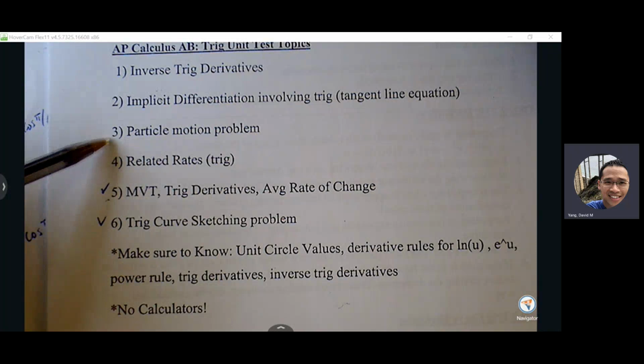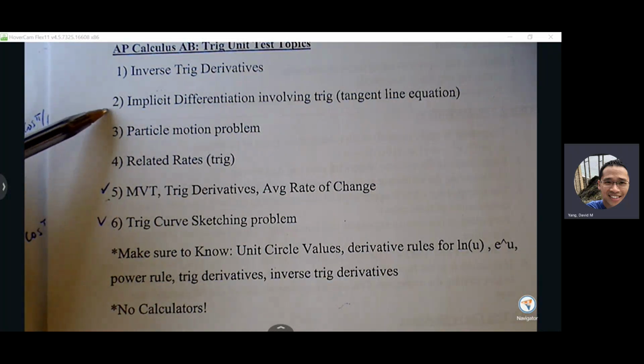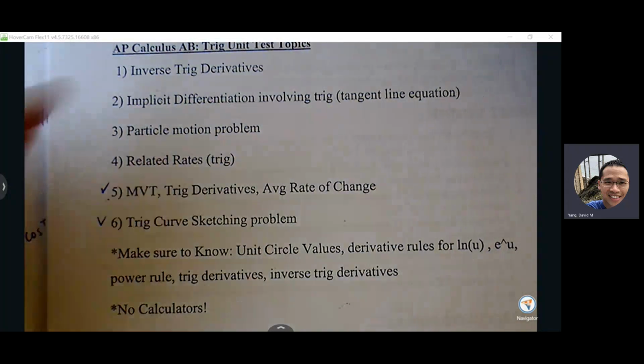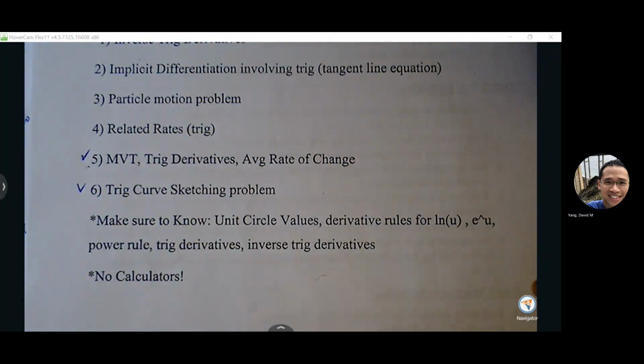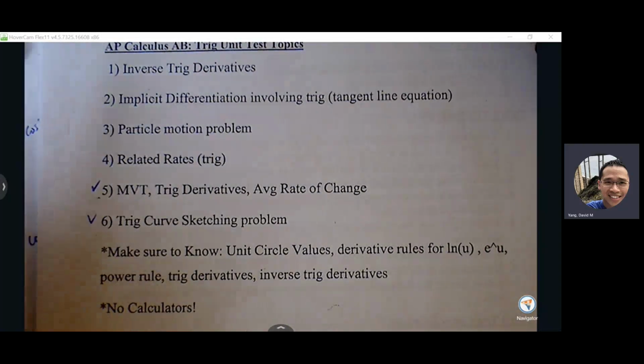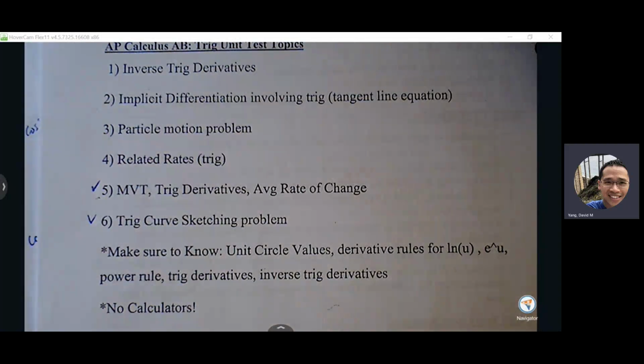We'll revisit the particle motion problem. We'll do an implicit differentiation problem that I have on the board. We'll review our derivative rules. And then tomorrow morning, I'll continue to revisit these problems and give us more practice. Okay, all right, let me know if you have any questions.